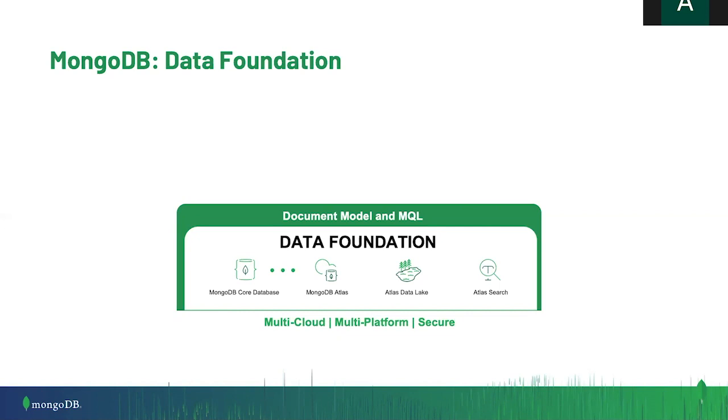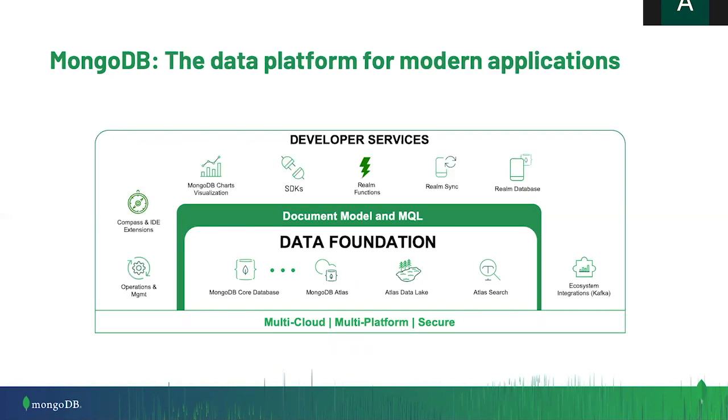So it's consistent across all the data platform services. We also, over the years, provided a number of developer services. So things like SDKs and drivers, integration with IDEs and Compass, as well as ecosystem integrations like the Kafka Connector and a suite of management tools, Ops Manager and Operator.